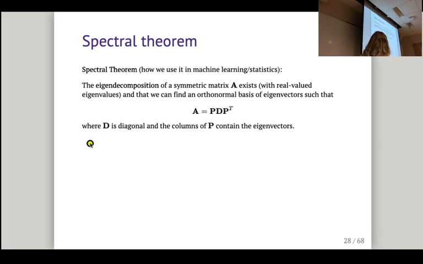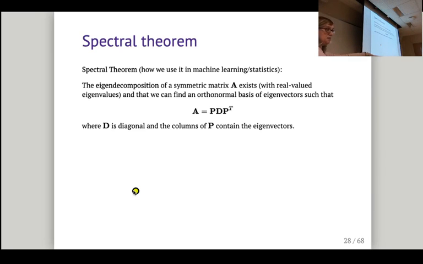D is a diagonal matrix, so it only has entries on the diagonal. The columns of P contain the eigenvectors. So we've got a matrix of the eigenvectors times a diagonal matrix times the eigenvectors transposed.